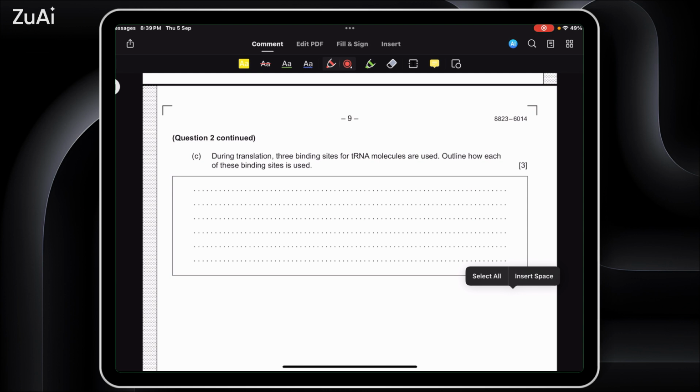During translation, 3 binding sites of the transfer RNA molecule are used. Outline how each of these binding sites is used. So that's the process of translation we have to do. The binding sites are on ribosomes.